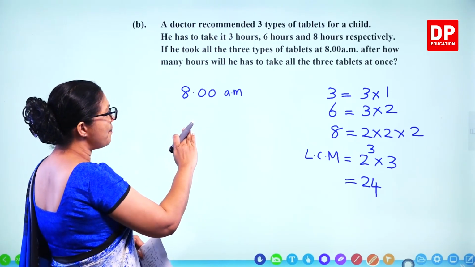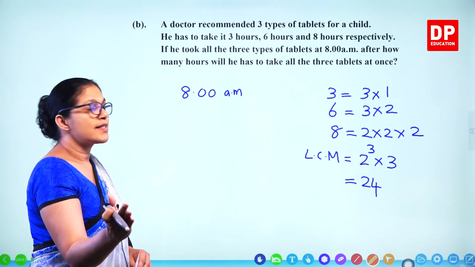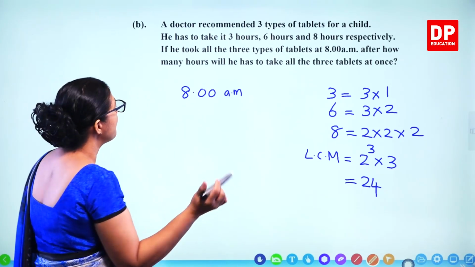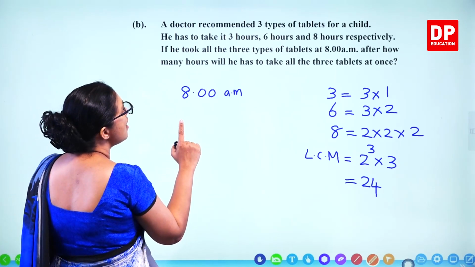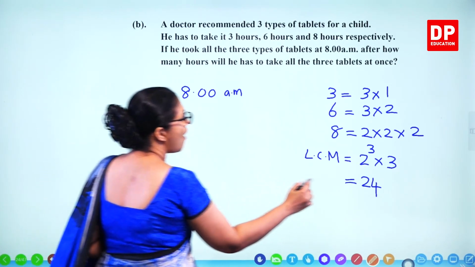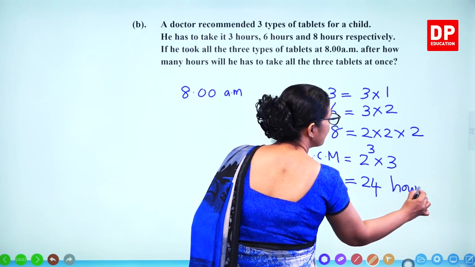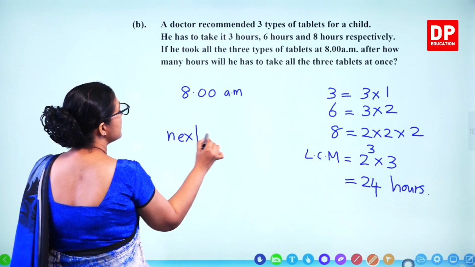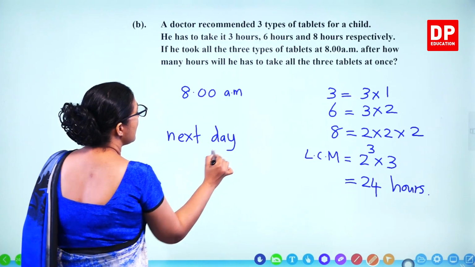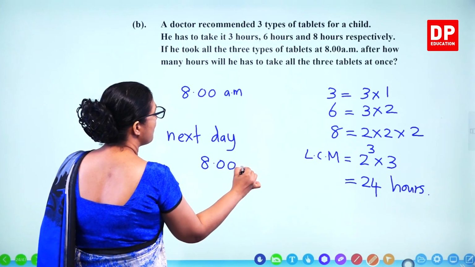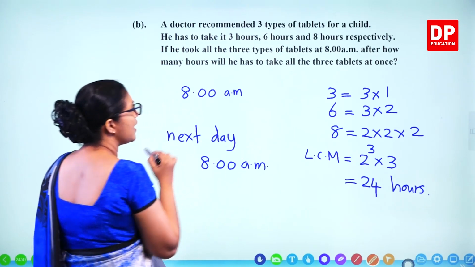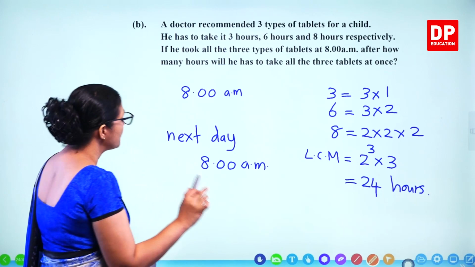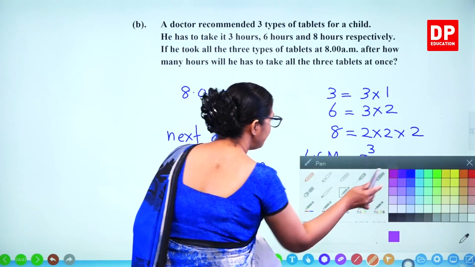So 8 a.m., 24 hours. That means next day, 8 a.m. again. So we have to write how many hours? 24 hours later. So next day, 8 a.m. again, he has to take all 3 tablets at once. So how many marks for this one?